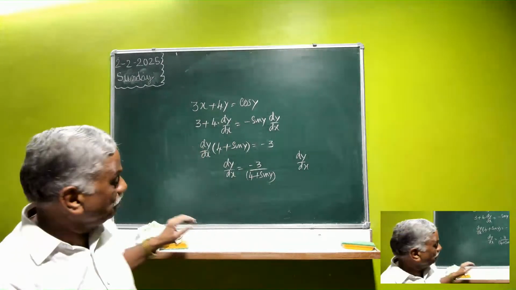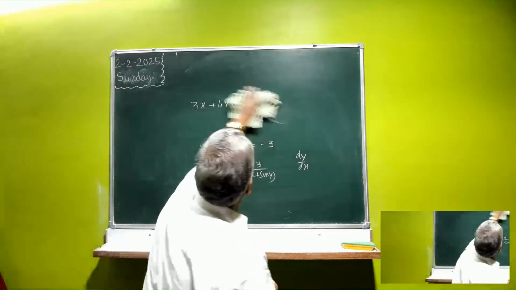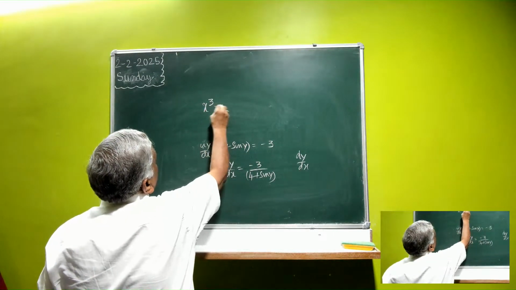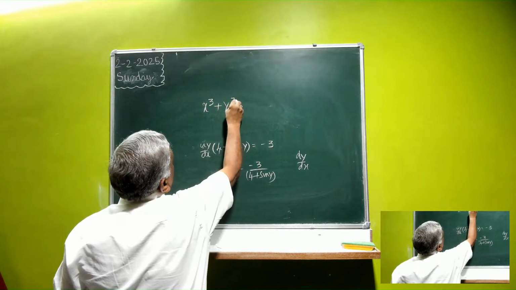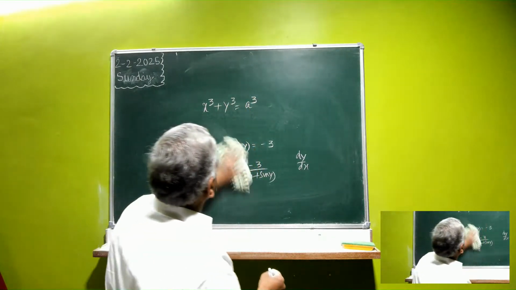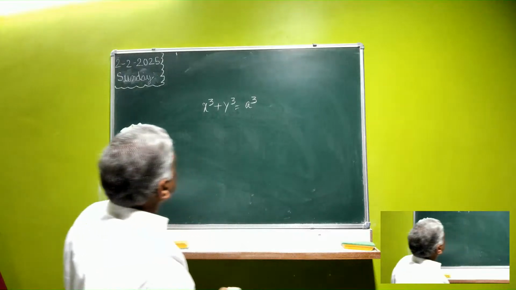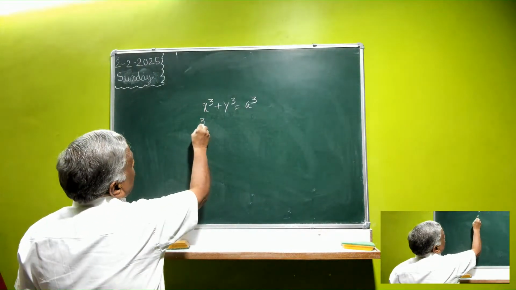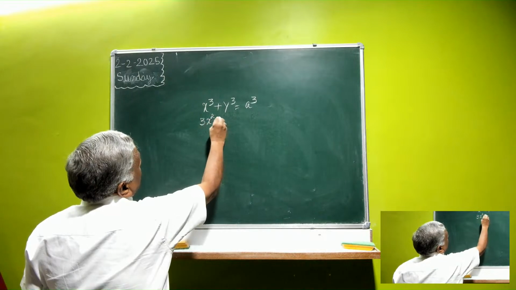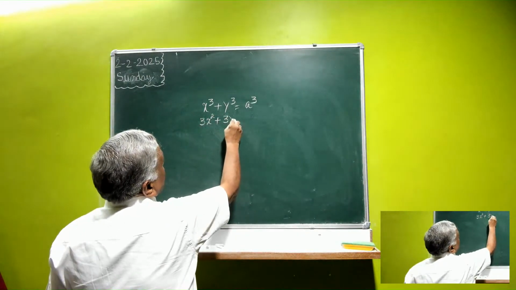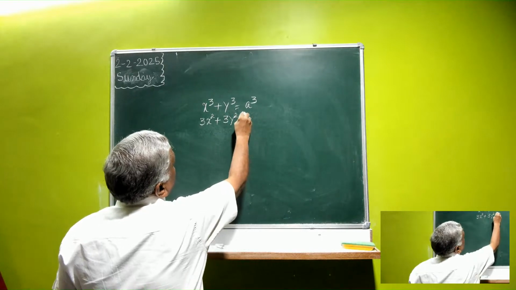Let's go to the next problem. x cube plus y cube is equal to 8. How do you know it's implicit? Because of the power on y. So this is 3x squared. This is 3y squared, not only that, into dy by dx.